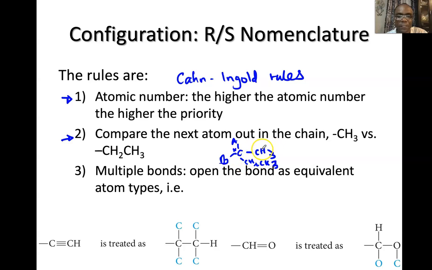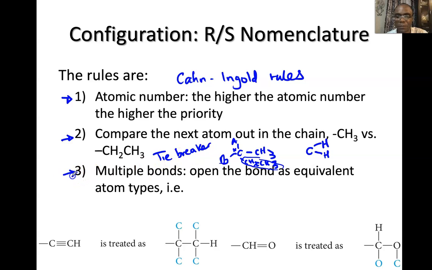But moving forward, on the methyl you'll meet a hydrogen, either direction you go. On the ethyl, if you move forward, you meet a carbon. So that makes the ethyl win. You always have to compare the next atom of the chain to find the tiebreaker.